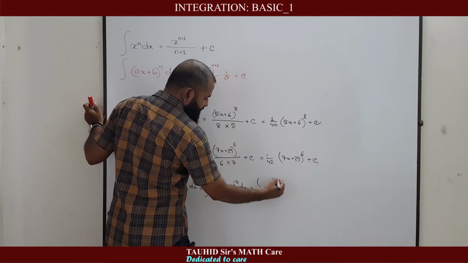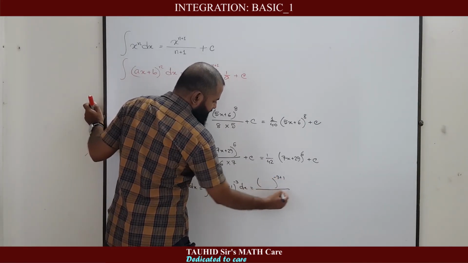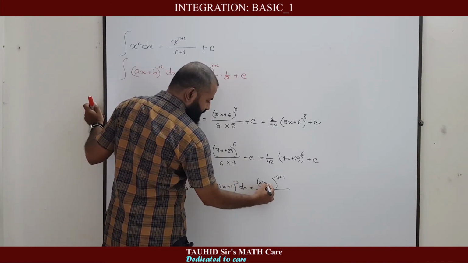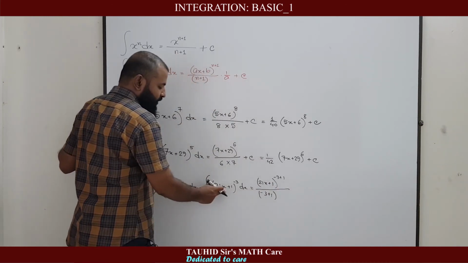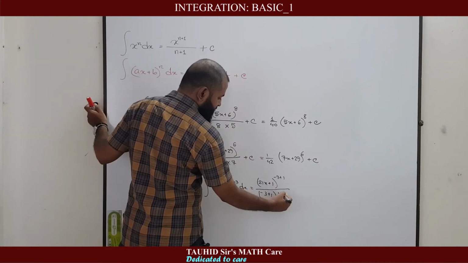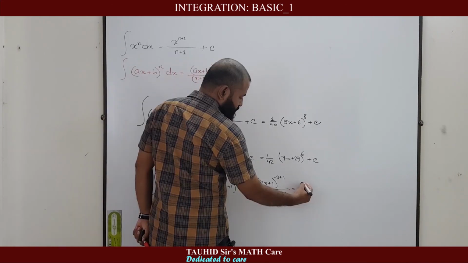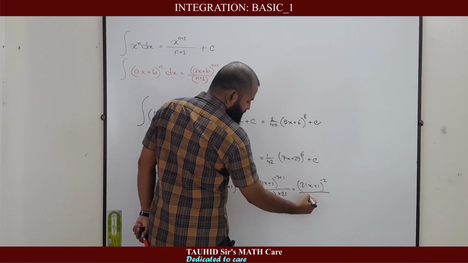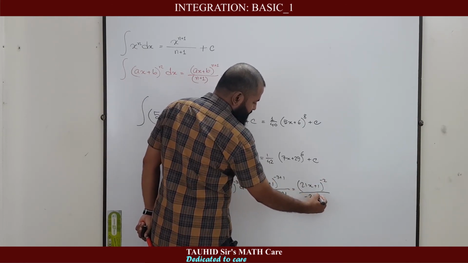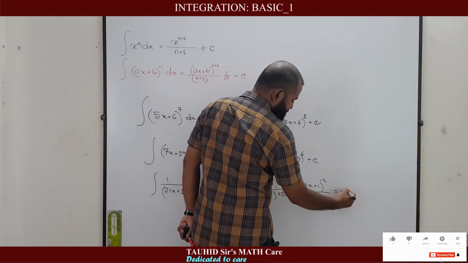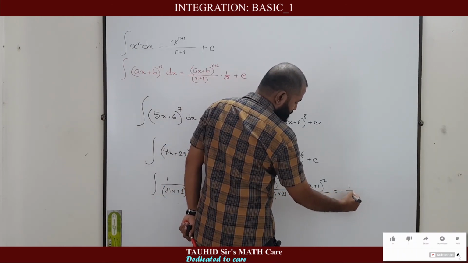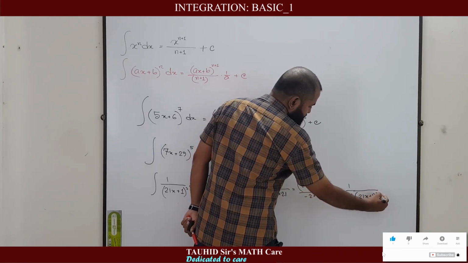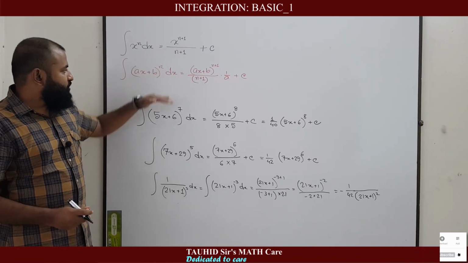That means x to the power minus 3 plus 1 divided by minus 3 plus 1, and the whole function will sit here, 21x plus 1, and the coefficient of x will sit multiplied by 21, equal to (21x plus 1) to the power minus 2 divided by minus 2 multiplied by 21, minus 1 divided by 42 into (21x plus 1) whole square. Now you got the applications of this formula.